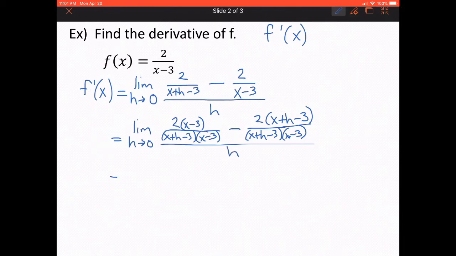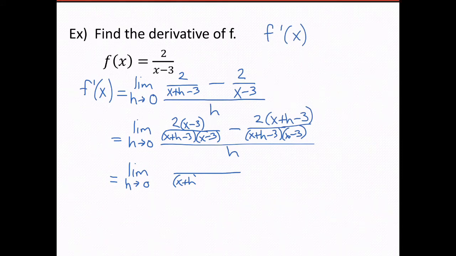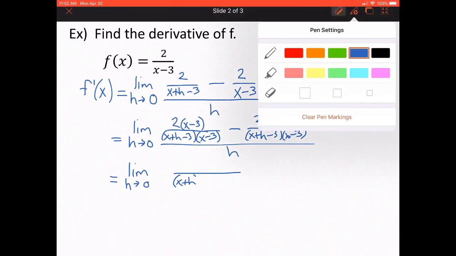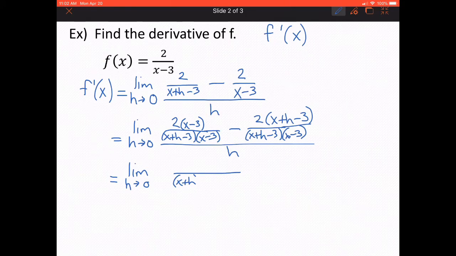All right, let's keep simplifying. So I'm going to put those two fractions together at the top. So the whole denominator of the numerator is x plus h minus 3 times x minus 3, and then when I do the numerators, I'm going to do all the distributing, but I have to be very careful, right?